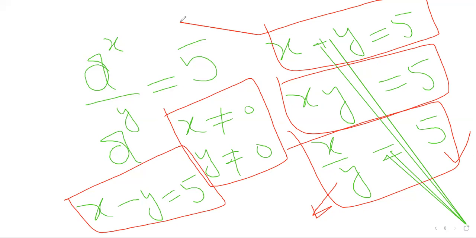I'm pretty sure it's just the quotient. Okay, so x over y is 5.